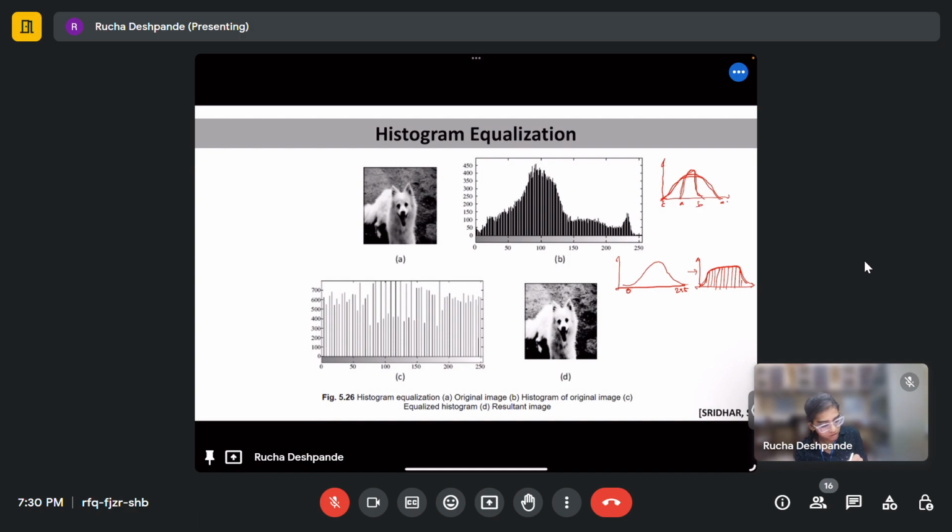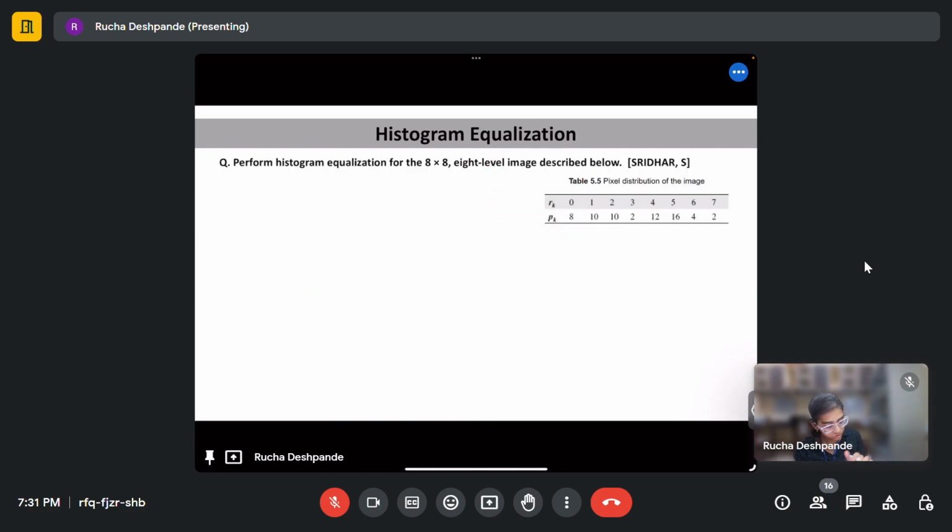This is the histogram of the input image, the first one, and after doing the histogram equalization, it will look like this. More or less the frequencies of all the DN values are similar in this image.